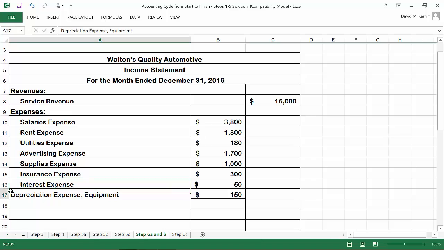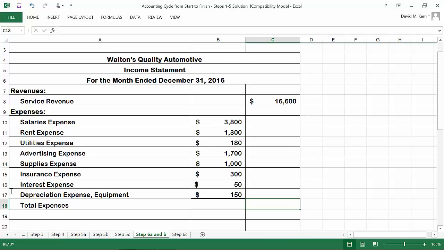All right, so now that that's completed, we can come down here and we can say now we have total expenses. And the total expense number, I'm going to put all the way over into the right column so that we have a very easy calculation, and the total comes out to be $8,480. So now I can see that my total revenue is $16,600.